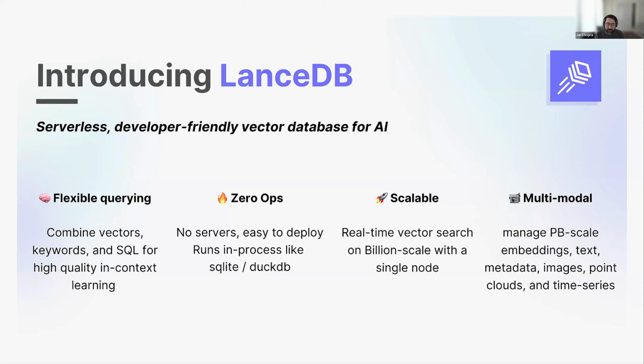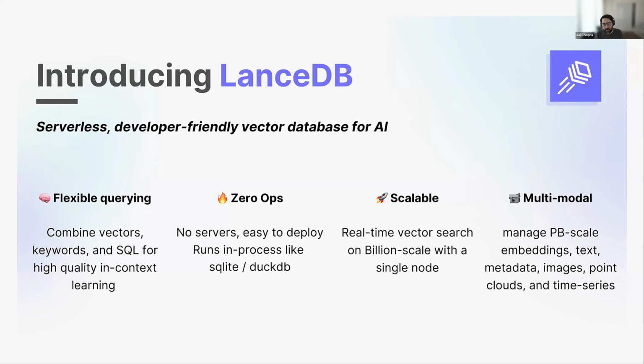And so there's a lot of different ways by which folks want to be able to query their data. And so what we try to do at LanceDB is integrate really well into how you want to search, whether that's pure vector search, or whether that's keywords and SQL for full text search as well. You should be able to query the way that you'd like.